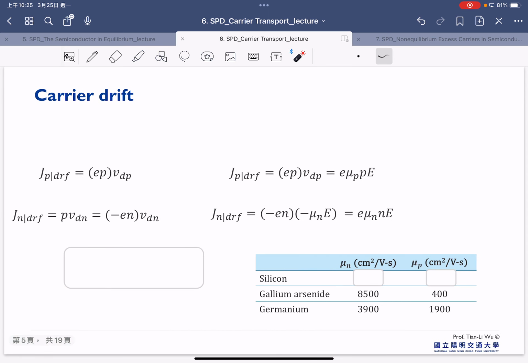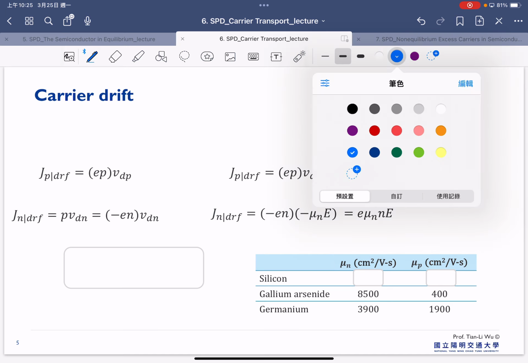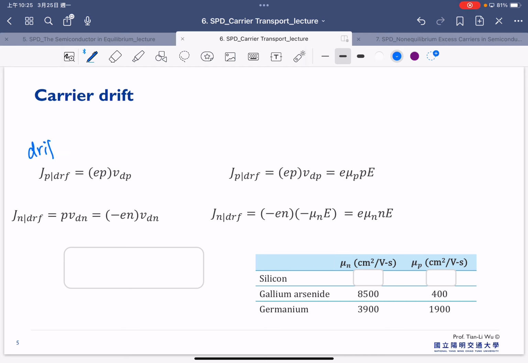Okay, so once we have this basic, we can start to do some further calculation here. The first one is we are interested in the drift current. This is the drift current for the holes, and this is for the electron.